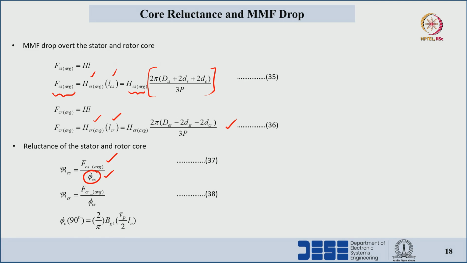And reluctance at the rotor core back iron is equal to the MMF drop with respect to the rotor core divided by the flux with respect to the rotor core. Here flux we can calculate based upon the equation B into A. Here the B value is considered as a peak, that is why 2 by pi is there. Phi C at 90 degrees equals this.